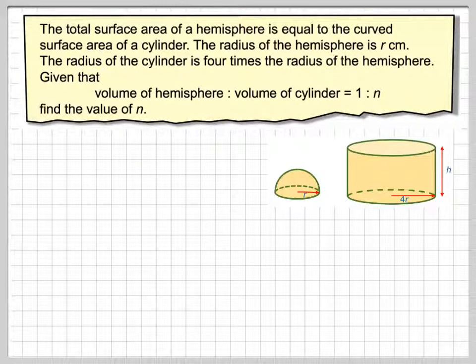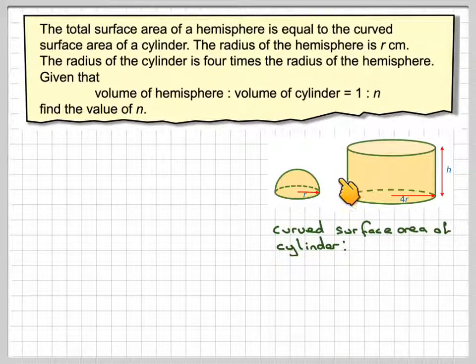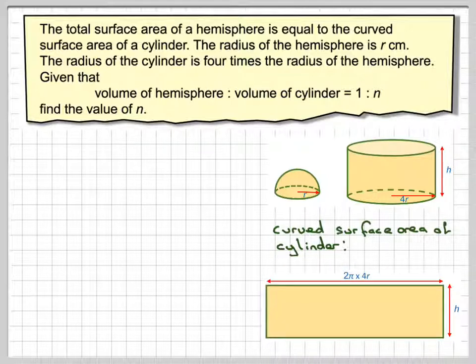Now, if we draw a diagram, you don't have to draw a diagram, but it does help to solve problems. The radius of this one is r, and the radius of this one is 4r. This is the height of the cylinder. The curved surface area of this cylinder is the bit that you wrap round the circle, so that is just a rectangle.